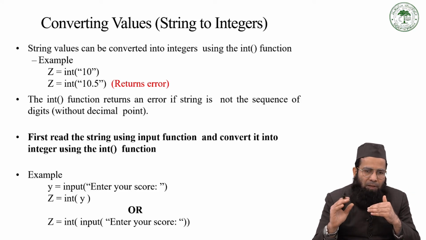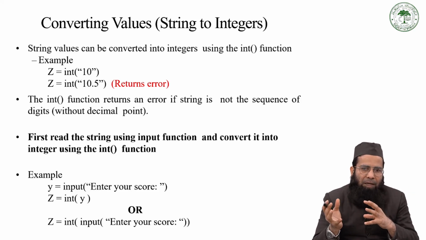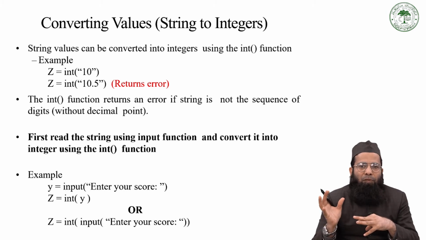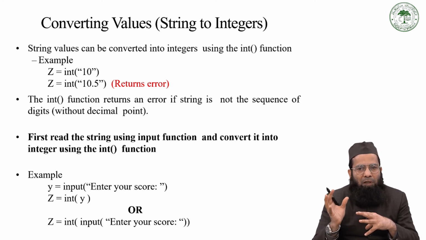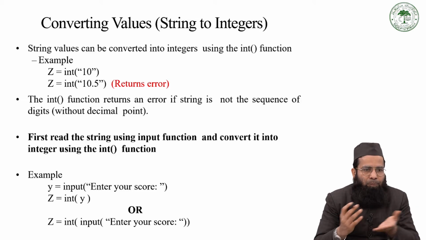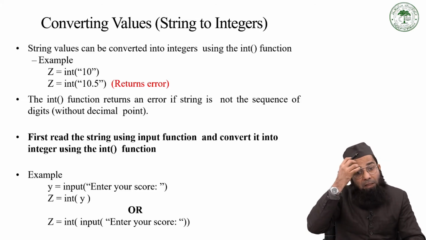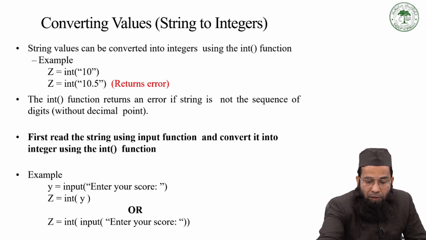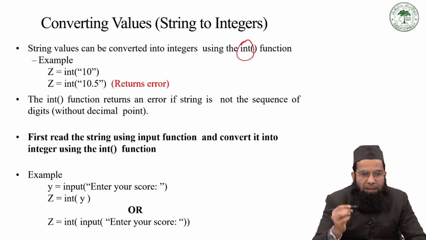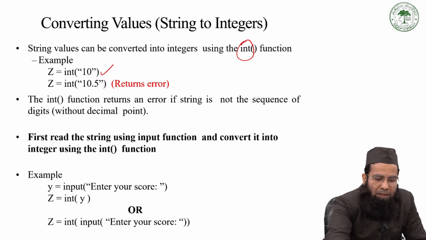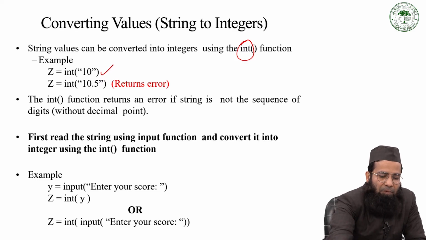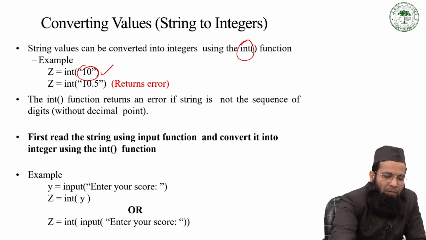Typecast means you are converting the data type of one variable to another data type. So string values can be converted into integer using the function, like in this case. This can be converted, 10 which is coming as a string, since this is actually a string. So this can be converted to integer via this function.